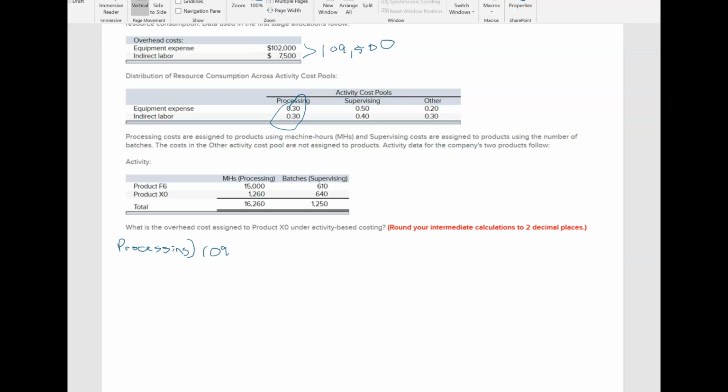So I'm just cutting out a step. Times 30%. That's $32,850. And then divide that by the machine hours of 16,260, and we get a predetermined overhead rate of $2.02 per machine hour.